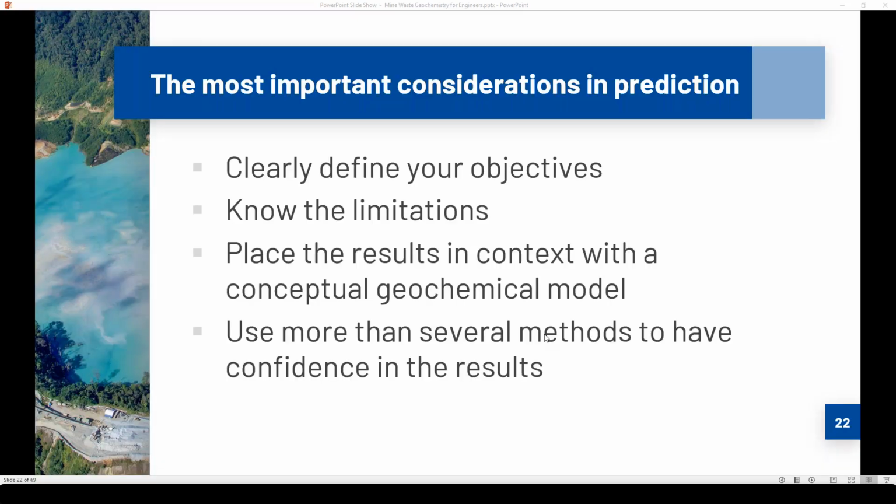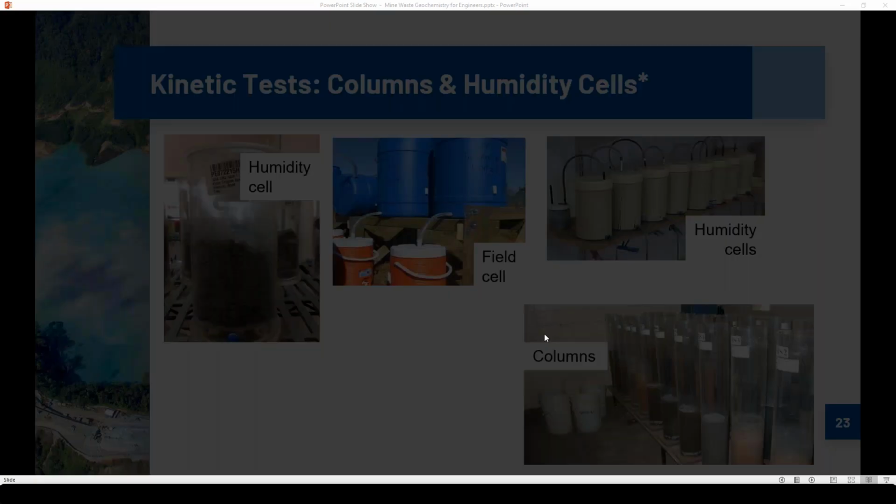So, as non-geochemists, the important bits for you to understand is to clearly define what you want out of the testing, know the limitations, place the results of the testing into the context with a conceptual understanding of the geochemical conditions, and always use several methods so that you can have confidence in the results of that assessment.